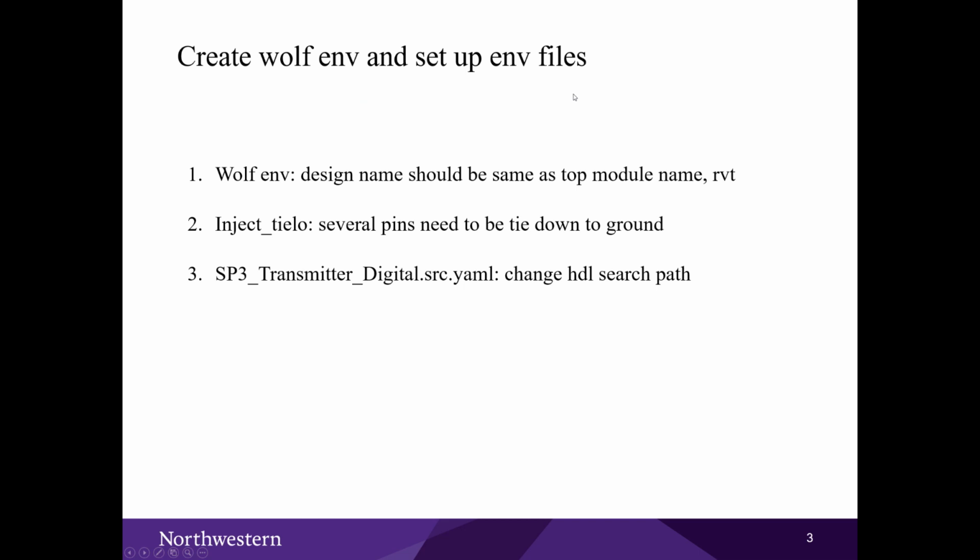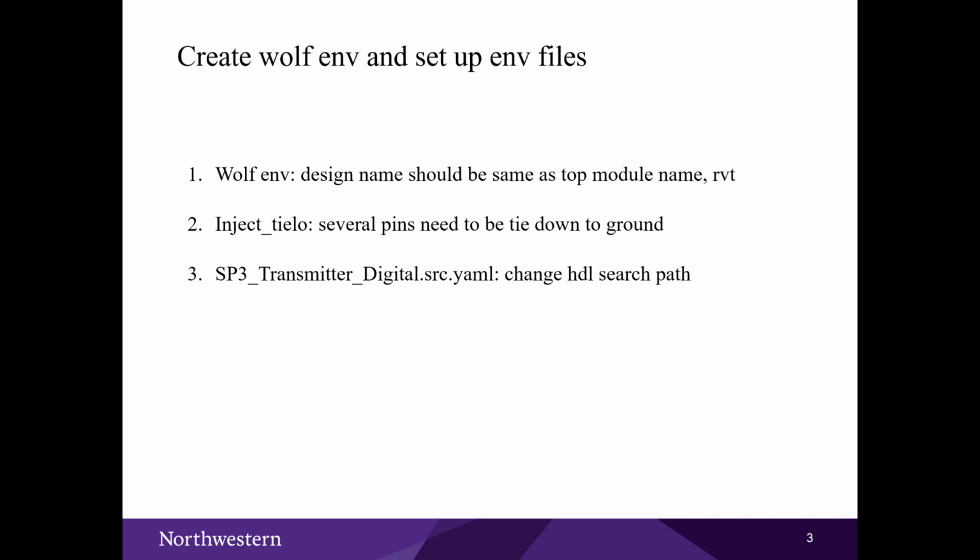So let's talk about the first step, create WAV environment and set up environment files. The important step of create WAV environment is to set the design name the same as the top module name, because WAV needs this name to read some files and also generate some files.